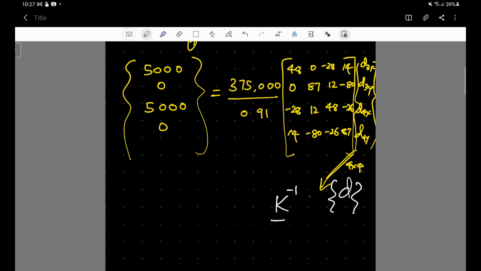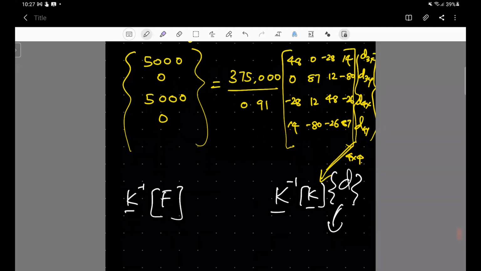So because it's already like this, in order to find this D matrix, you have to find the force matrix. You have to multiply it again by the K inverse, then you would be able to obtain the D matrix.